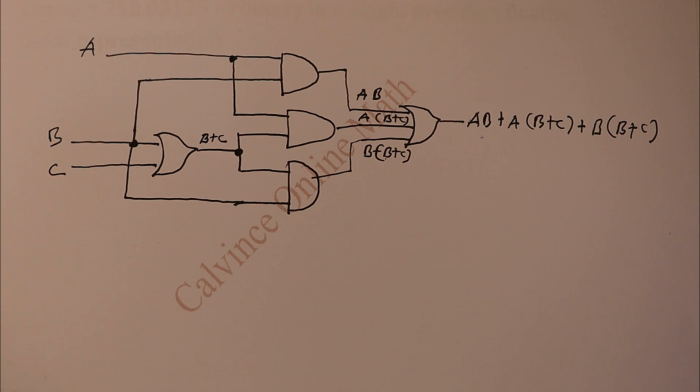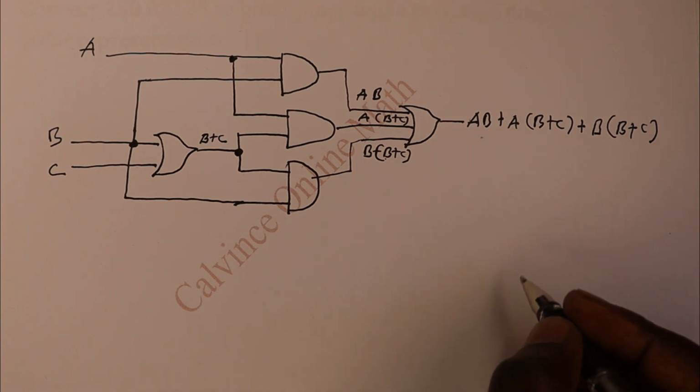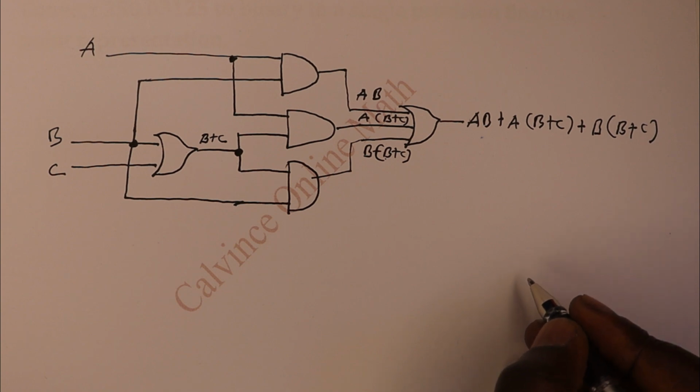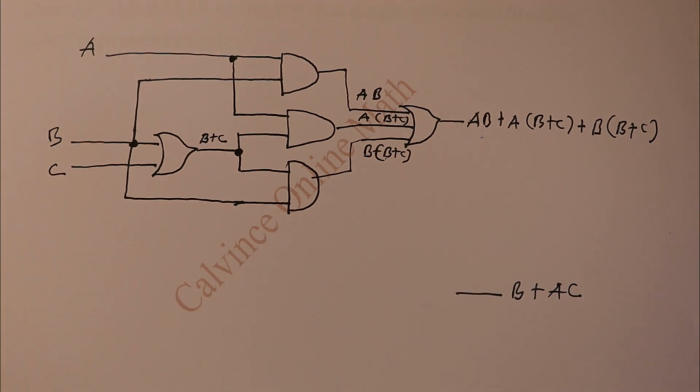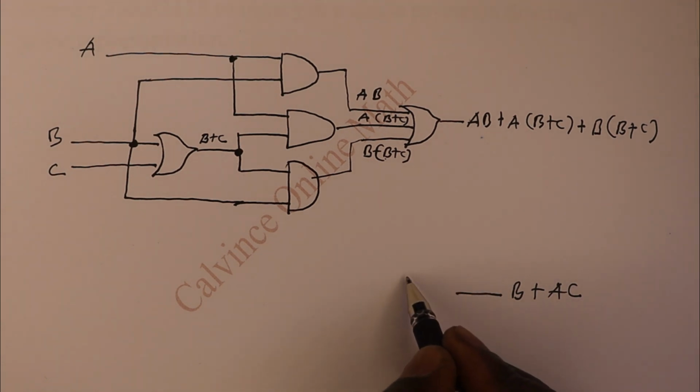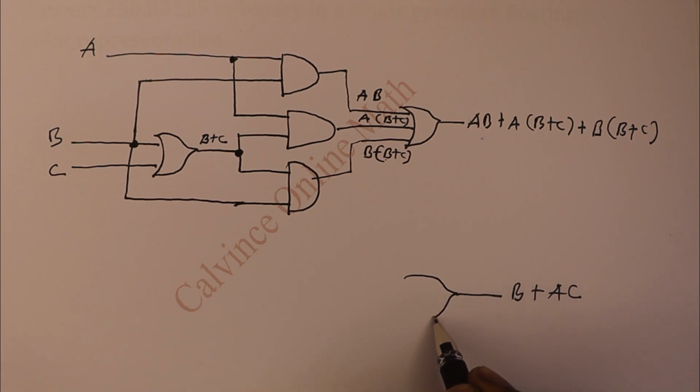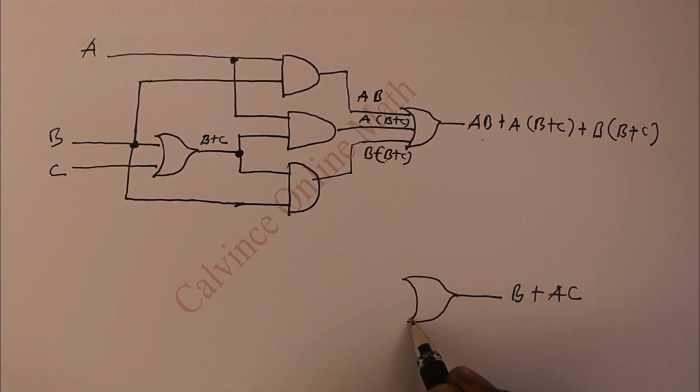We could also use the simplified version that we obtained while we were simplifying that expression. We found B plus AC. So these are sum between two terms. So it means it passed through an OR gate. So we just draw the symbol for the OR gate.